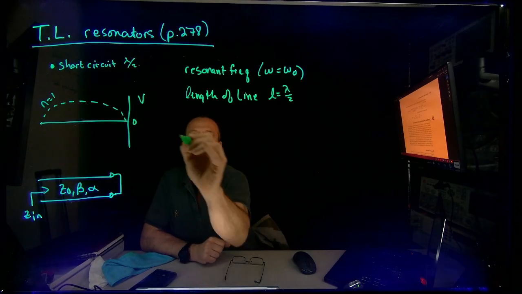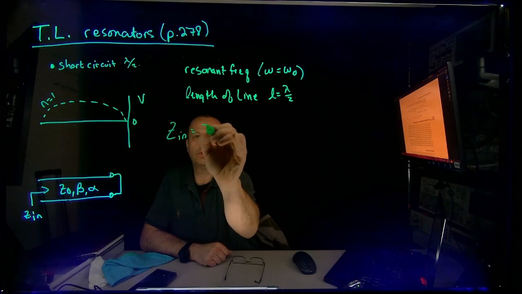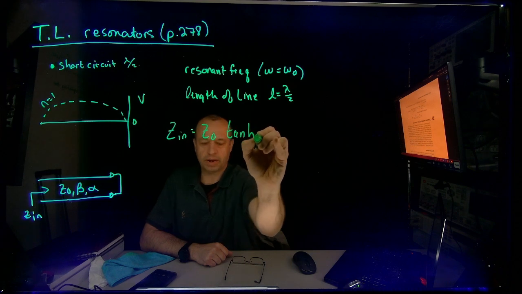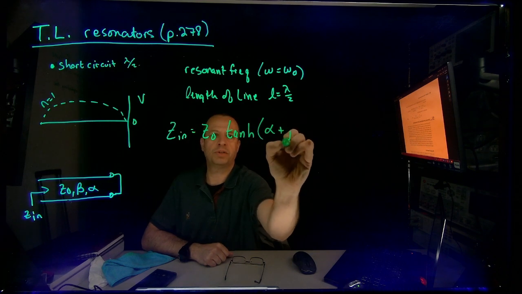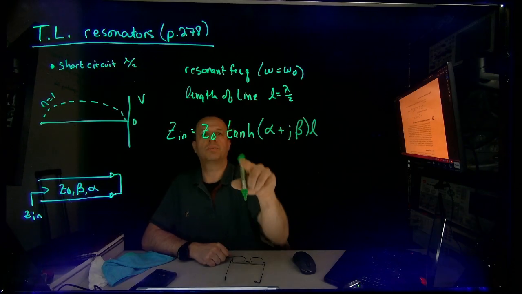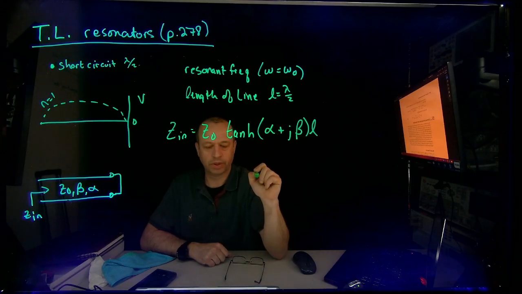So we're going to start by saying our input impedance is equal to Z naught times the hyperbolic tangent of alpha plus j beta times L. The reason we're using hyperbolics is because we're not considering lossless right now.